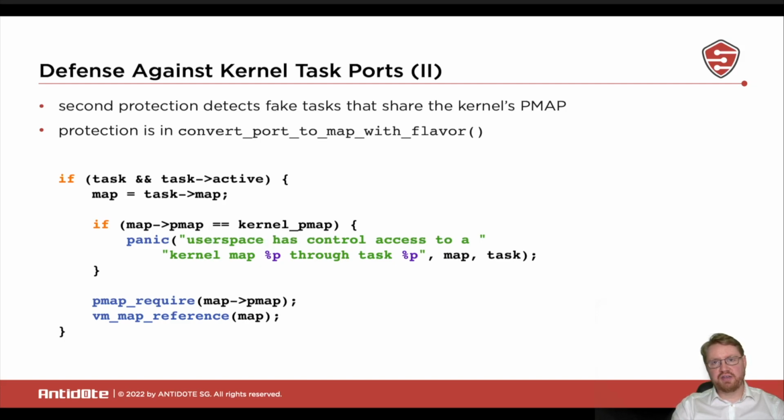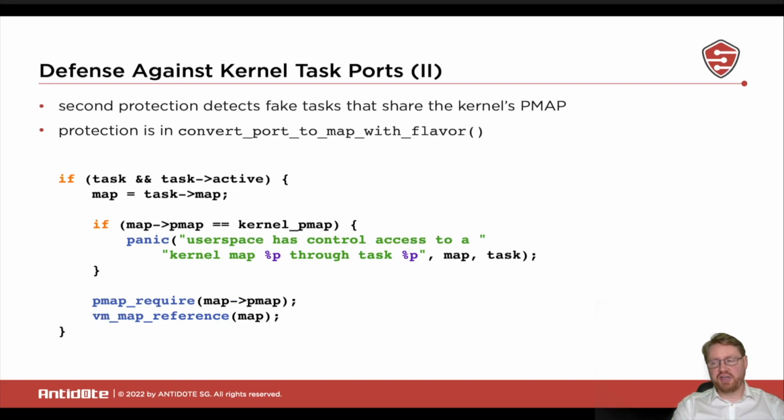In this case we would bypass all the other checks, but this new check here in convert port to map with flavor will see this. This code will see, oh wait a second, we have a pmap here, and that is actually the kernel pmap. So any task is not allowed to share the pmap with the kernel pmap. The pmap is basically the page mappings.